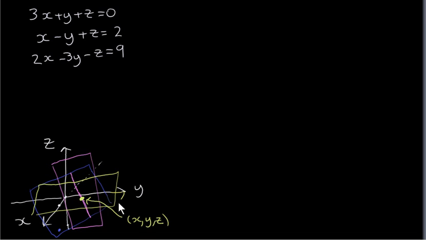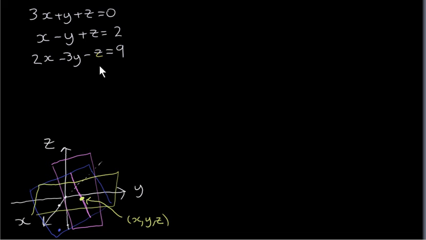So to find that solution, or that point, what we do is we combine equations in such a way that we eliminate either x, y, or z. The easiest thing to do with these three equations is to take the second equation and add it onto the third equation. That way we can eliminate z, and we'll get an equation in x and y.